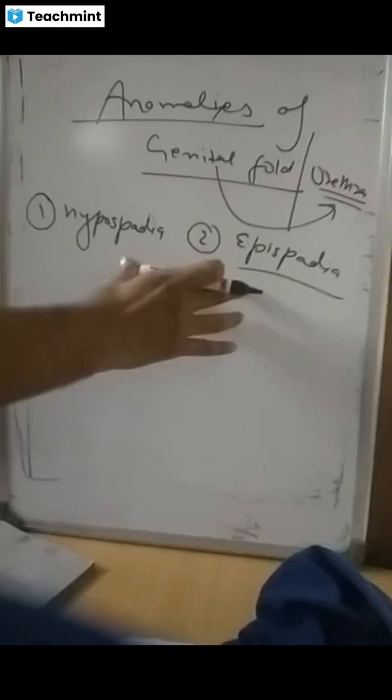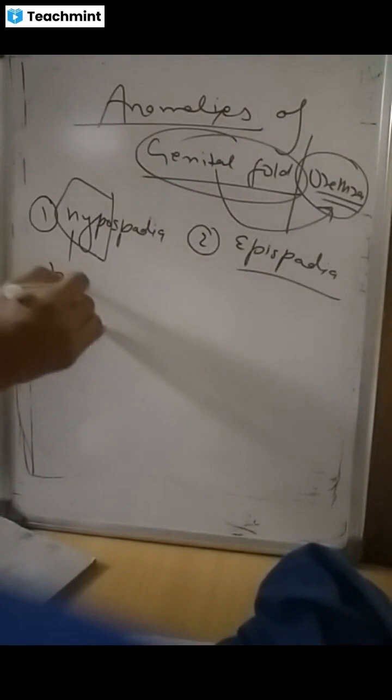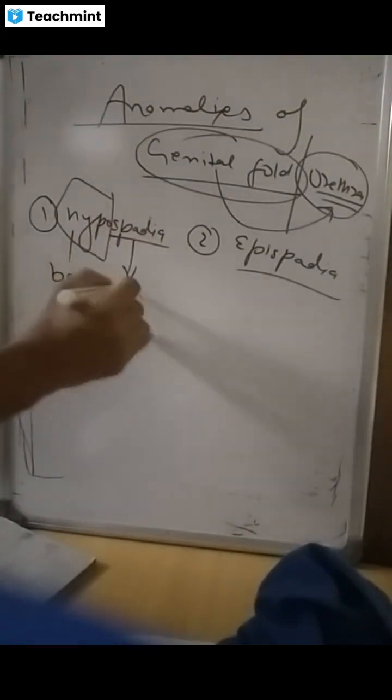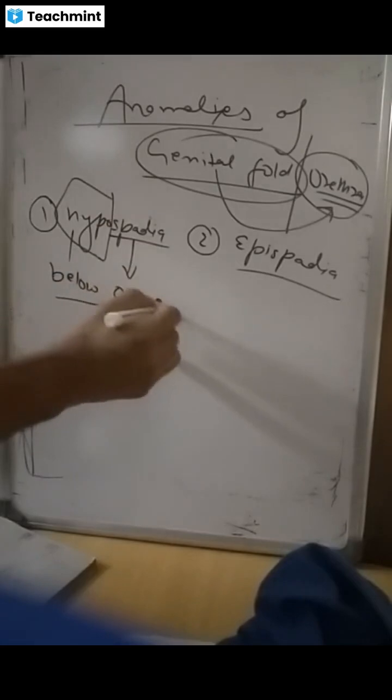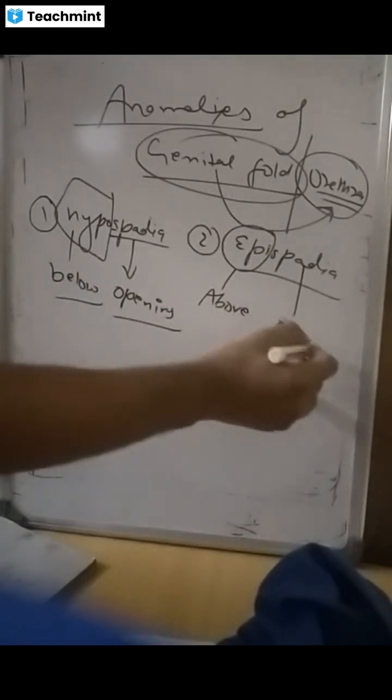These are the two anomalies related with the genital fold, or you can say urethra. Hypo means below, padias means opening; epi means above, and padias means opening.